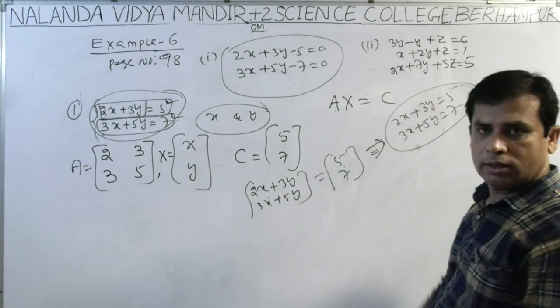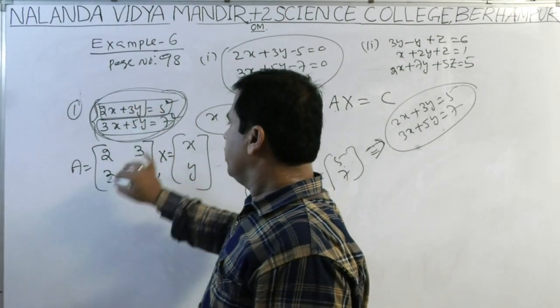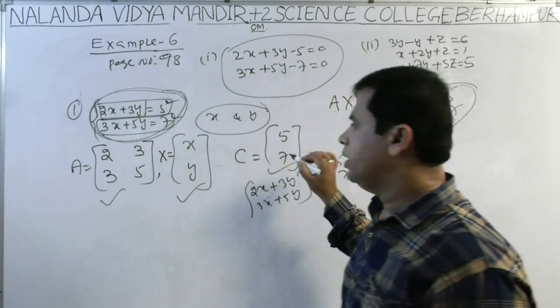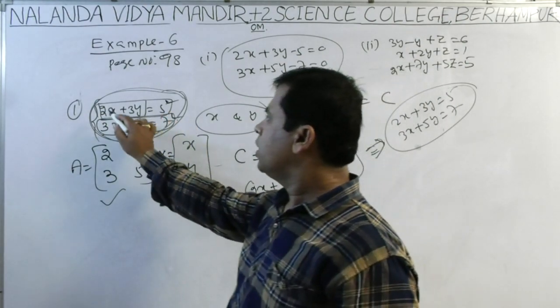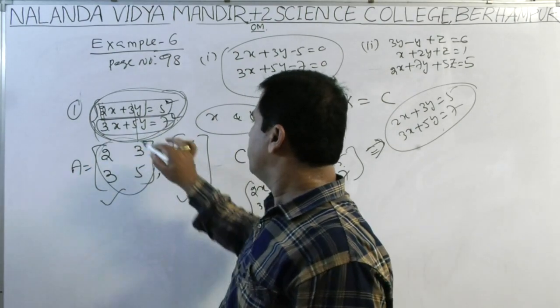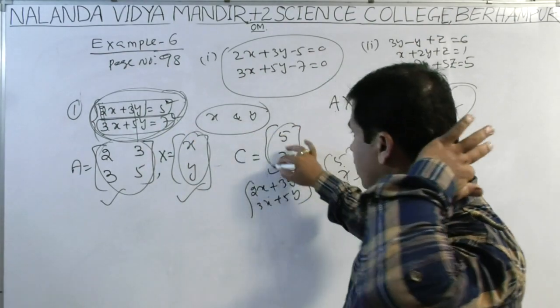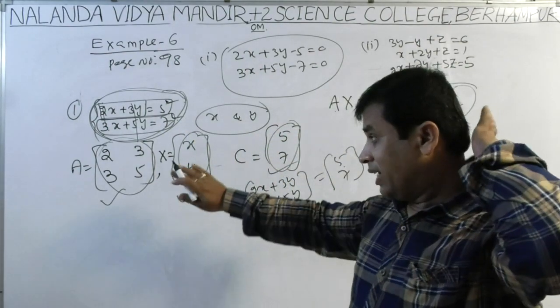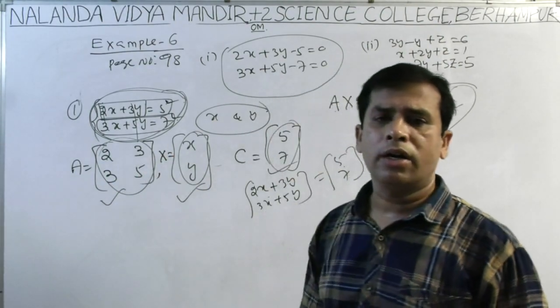Therefore, we get the same equations. Therefore, this equation can be written in AX equals C matrix form. The coefficients of x, y form a matrix, the variables x, y form another matrix, and the constants form another matrix. We arrange them in such a manner that they are conformable for product.